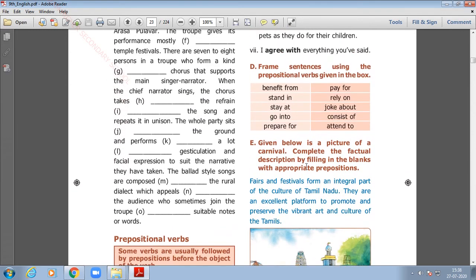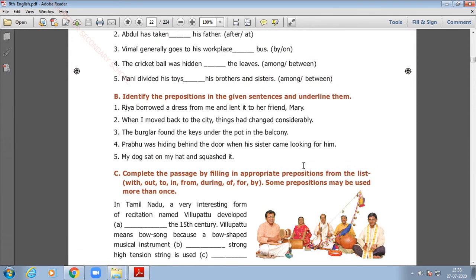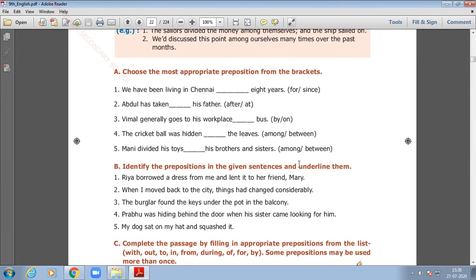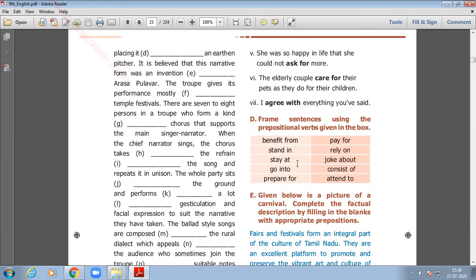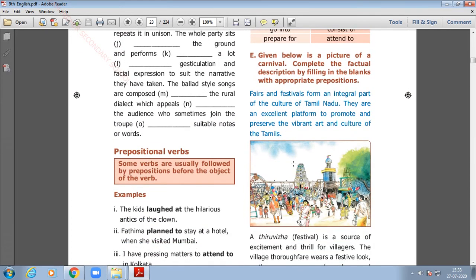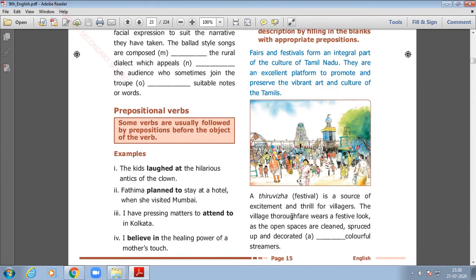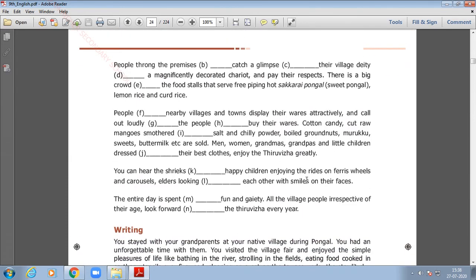Previously we had a passage based on folklore, folk arts. Similarly we have a passage there, and here I think you will have to fill in the blanks with the verbs there.